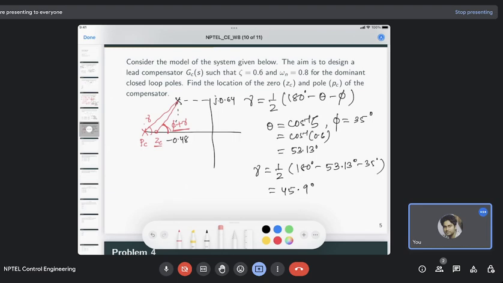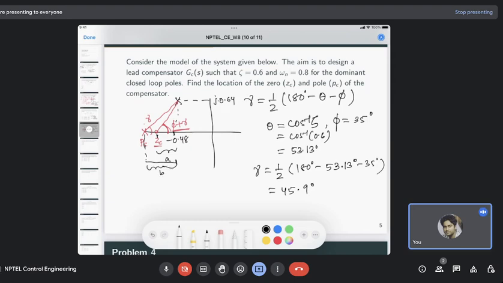Now, directly using the tan formula, we can easily compute the zero and pole location. For simplicity, let A be the distance from this point minus 0.48 to ZC, and B the distance from minus 0.48 to PC.